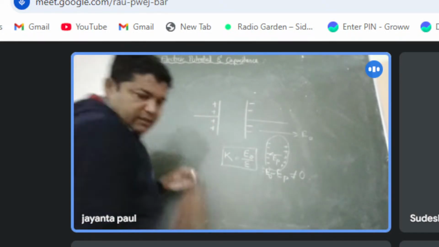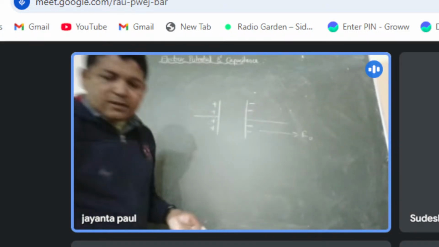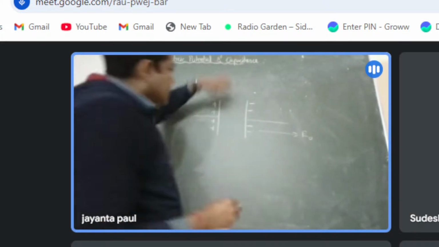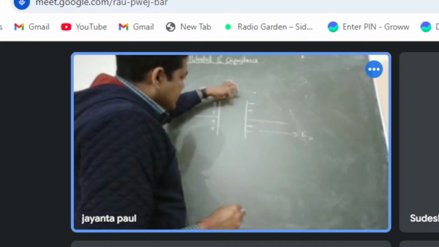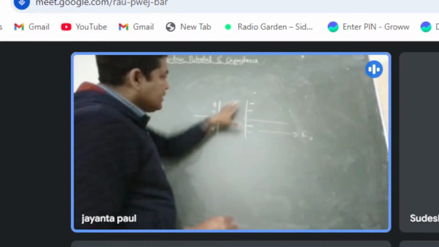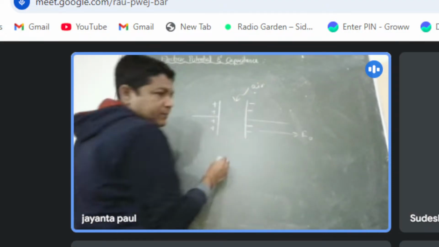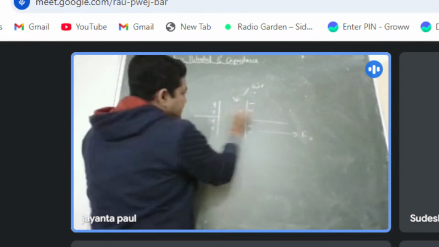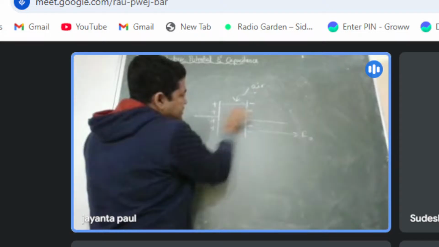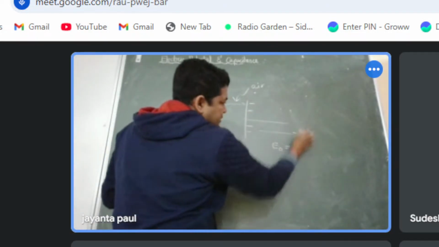Now let us start. Suppose there is a parallel plate capacitor with air or vacuum in between the plates. The electric field is from the positive to the negative side of the plates, and suppose it is E0.